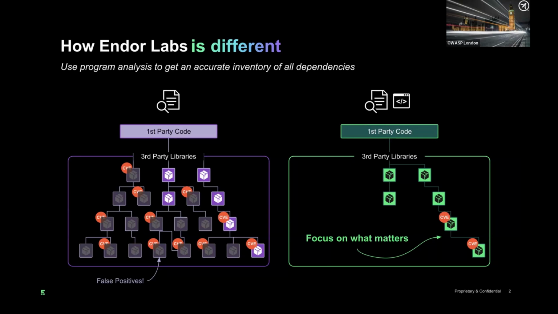So on the left-hand side, you see just a random application, right? First-party code, this is the stuff that you write. And then you have a bunch of direct dependencies that pull in transitive dependencies and so forth. This goes in the hundreds. You all know this, supposedly. In many solutions, they put vulnerability labels just on the boxes, just on the packages.